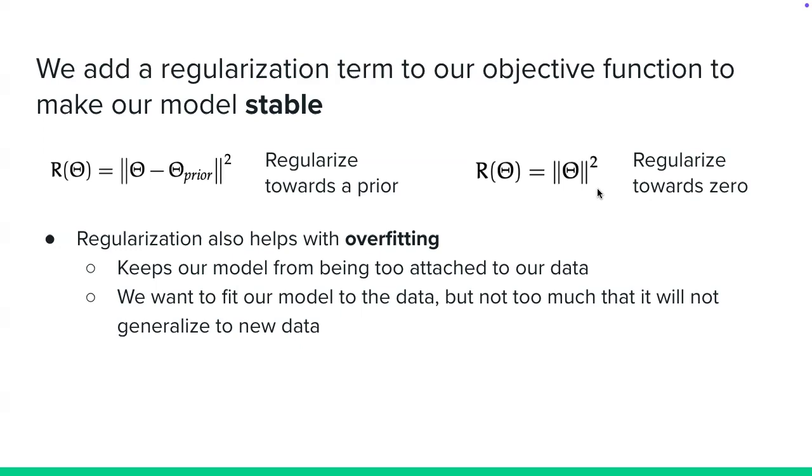So if the model fits the data too well, then when we have a new data that comes in and we want to predict that new data, then we're going to have a very poor prediction.